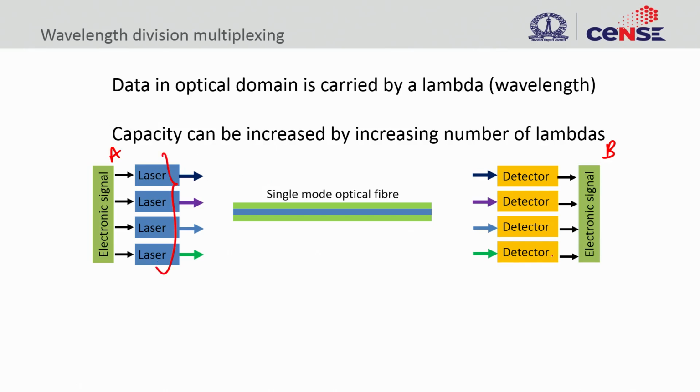At the same time, on the receiver side we have to discriminate different wavelengths, because the detectors are broadband detectors. That means they sense photons that are present in a wide range of frequencies or wavelengths. So we have to make them wavelength selective through some means. That means you have to make a wavelength selection or wavelength filter.